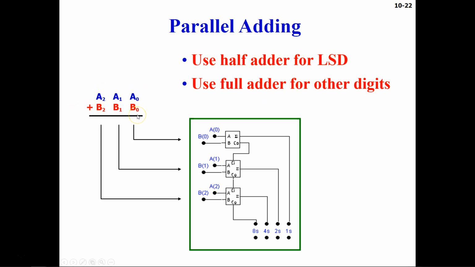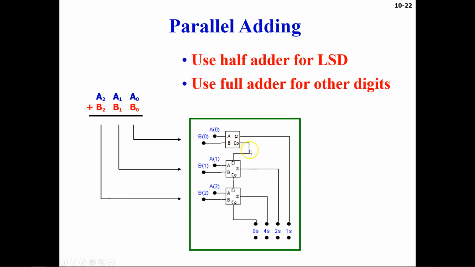When you have to add 3 bits, you'll be using one half adder and 2 full adders. This is the half adder. A0 and B0 go into this adder, and this is the sum, and this carry out will go into the other adder and work as a carry in.